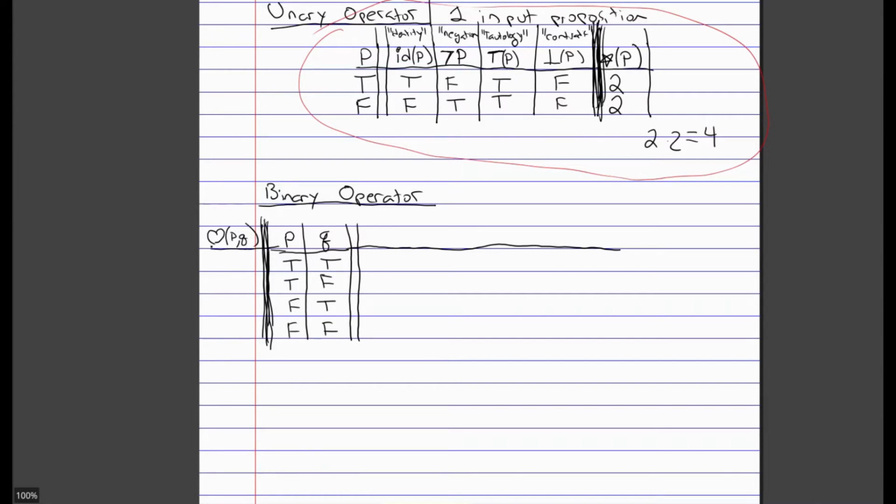Well, just like before, we have a number of different situations. We have that heart of, if P is true and Q is true, heart of this true statement and this true statement, it could be a total of 2 possibilities. It could either be true or false for this input. For this input right here, so if P is true and Q is false, again, heart is just a proposition.